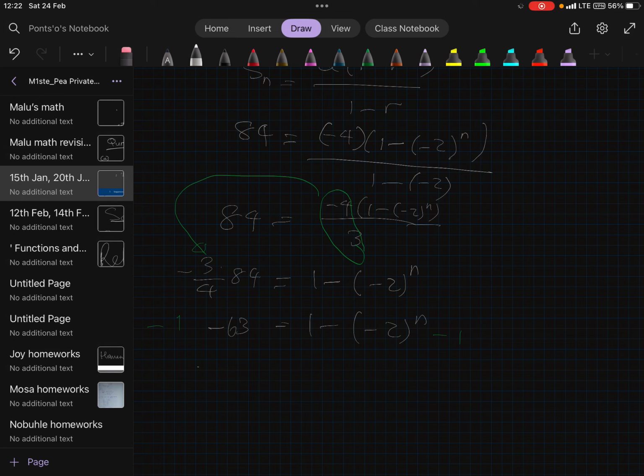So minus 1, then I'm having negative 64 here. These ones subtract each other to give 0. Then I'm left with negative negative 2 to the power n. Then dividing throughout by negative 1, we have 64 equals negative 2 to the n.